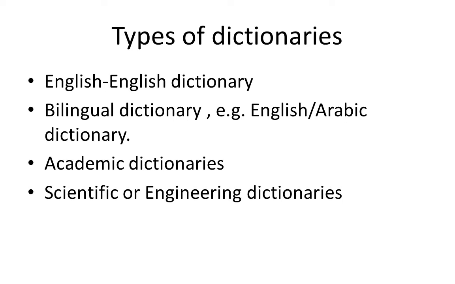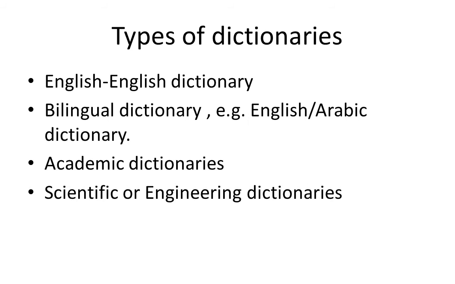For example, when you are looking for the meaning of the word study, you will learn the synonyms of study, which means the other words that have the same meaning as study. And also you will read examples of using the word study, and this will develop your English skills.